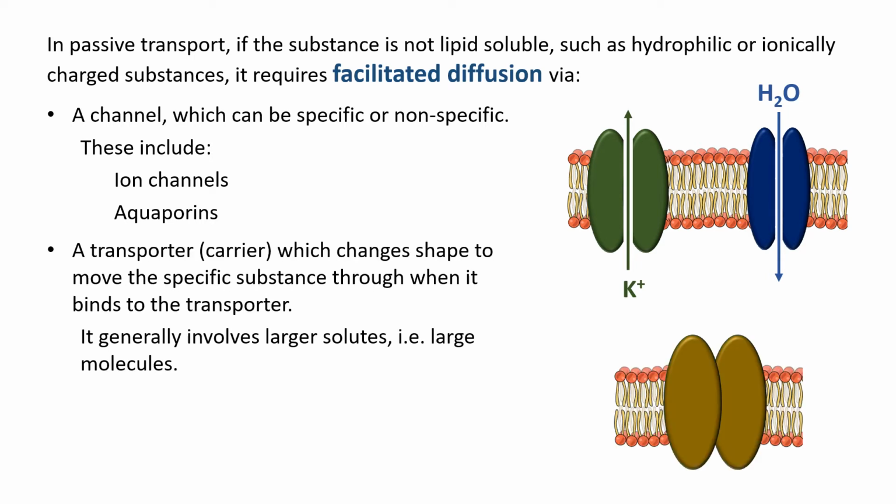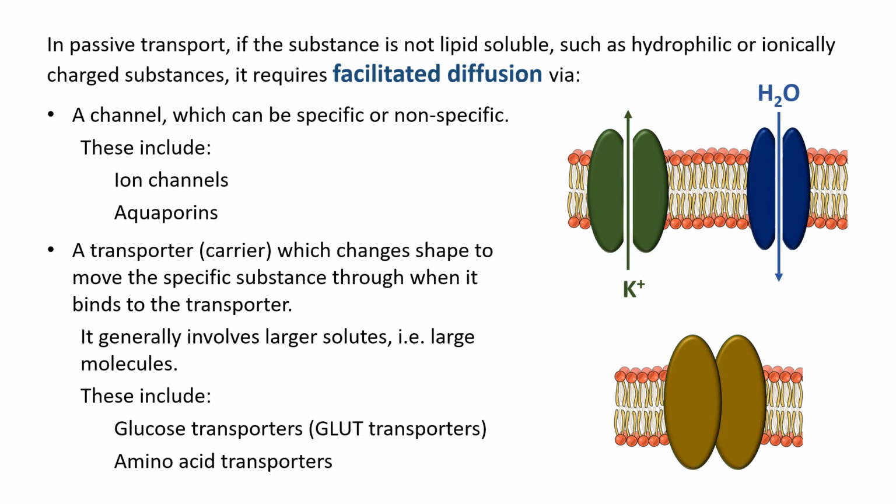Another means of facilitated diffusion via passive transport is a transporter or a carrier. And what happens here, it changes shape to move a specific substance through when that substance has bound to the transporter. And it's generally for things like larger solutes, large molecules.